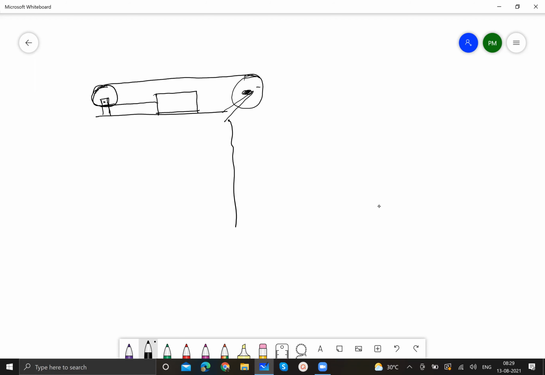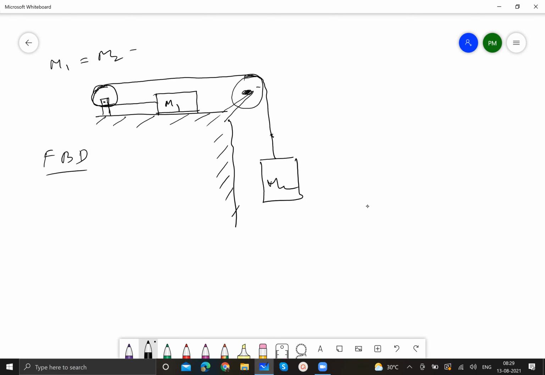Simple question. Here also friction is not there. This is M2, M1. No friction is there. So free body diagrams for M1 and M2 we can write. Given M1 is equal to M2 is equal to 1 kilogram.